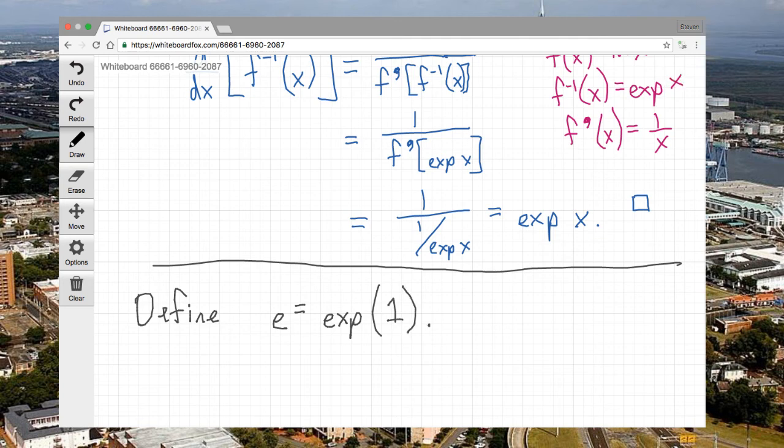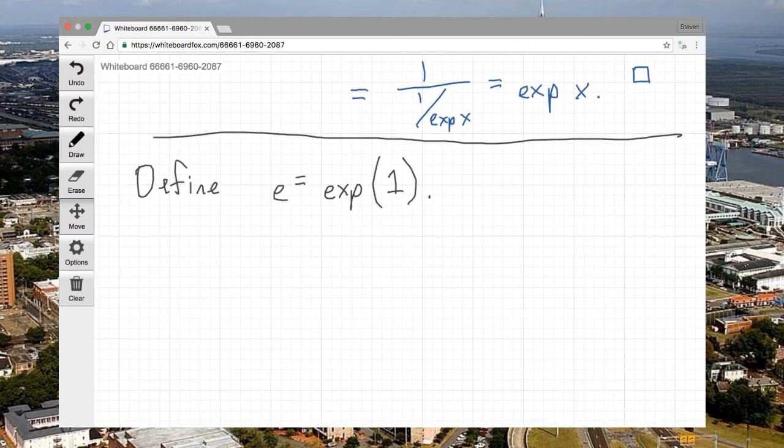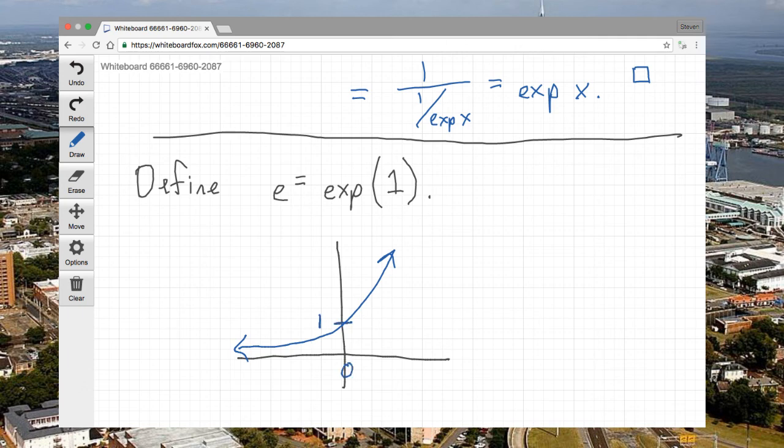So I drew a picture of the exponential function for you. Here it is again, the quick sketch of it. So the value of the exponential function at 0 is just 1. The value of the exponential function at 1 is whatever this height is.